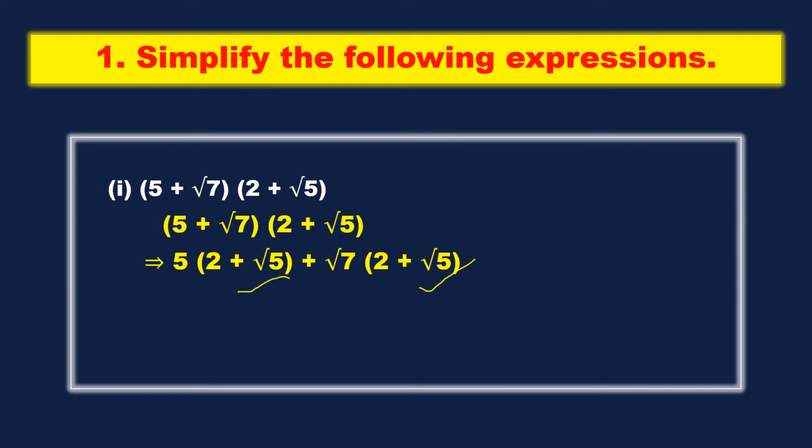Now the next thing is, the other one you should split it, which means I should split 5, and this root 7 I should also write separately. In between there is plus, so you should write plus here. Understood? For the selected one, you write it as many times as there are terms, and the other expression you should separate with the symbol in between them.